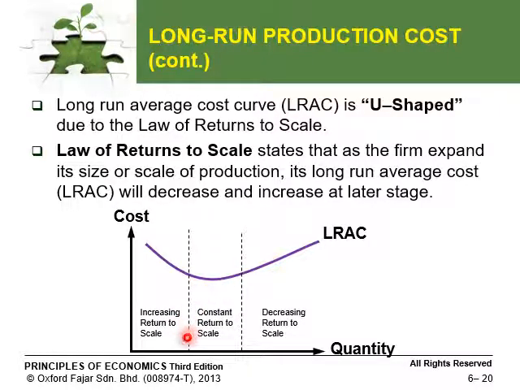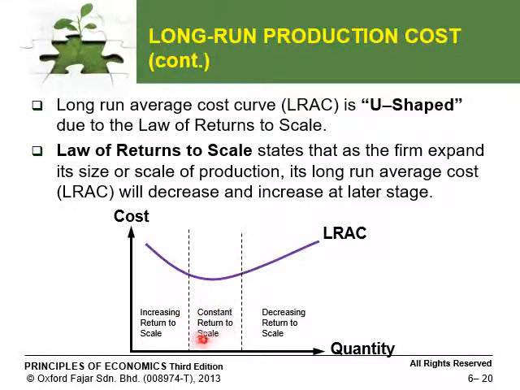It is because of increasing returns to scale. When increasing returns to scale happen inside or outside the firm, the long run average cost will decrease. Then in the middle, after the decrease, when the firm reaches the lowest point in the production period, that is the phase we call constant returns to scale.